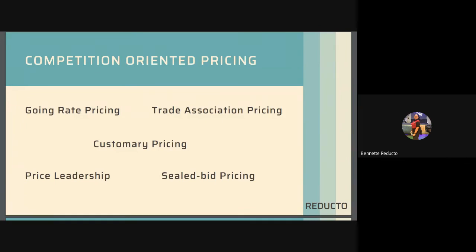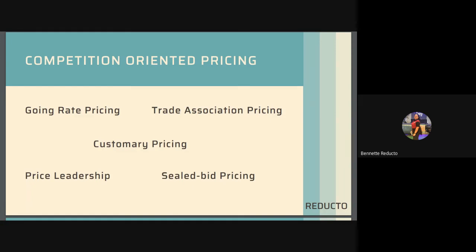The third one is customary pricing. These are prices that tend to be fixed, more or less, in the minds of the consumers, and this price is called a charm price. In this case, the consumers are the ones who mostly determine the price of the product.